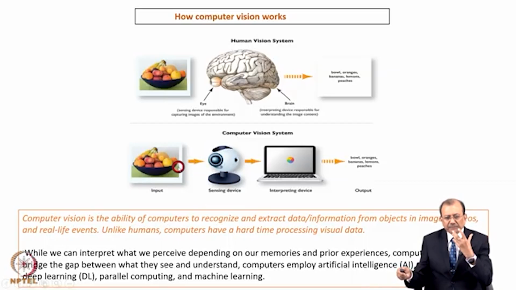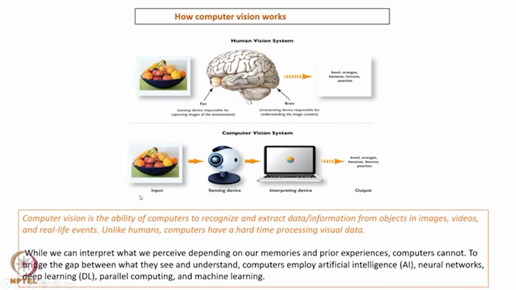It will capture the picture, and then try to diagnose this picture with the help of a built-in algorithm, an AI-enabled algorithm or deep learning algorithm, and then decide whether it is a banana, an apple, or a plate of all fruits. So if I like to define based on this picture, computer vision is the ability of computers to recognize and extract data and information from objects, images, videos, and real-life events.